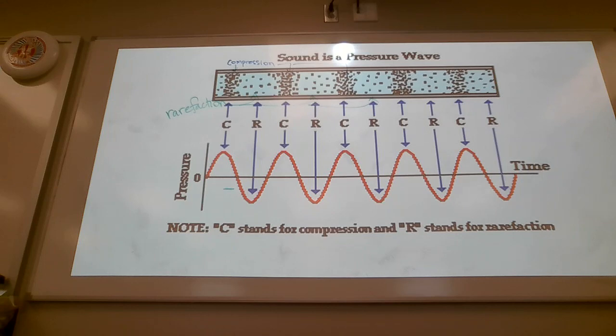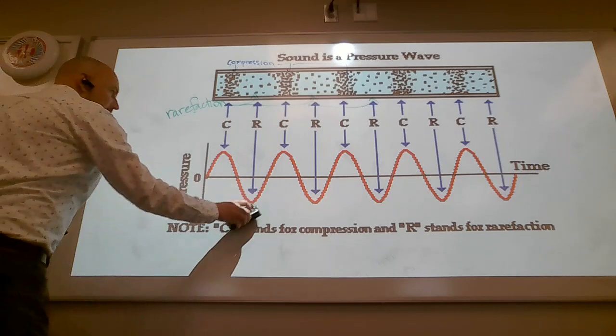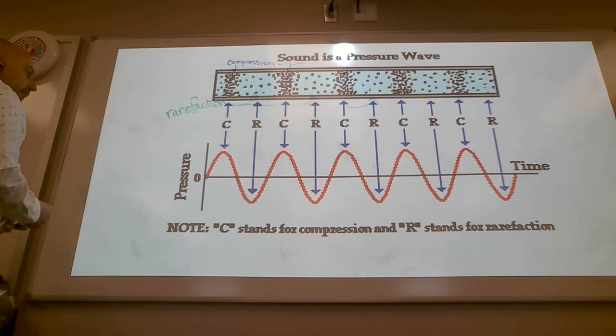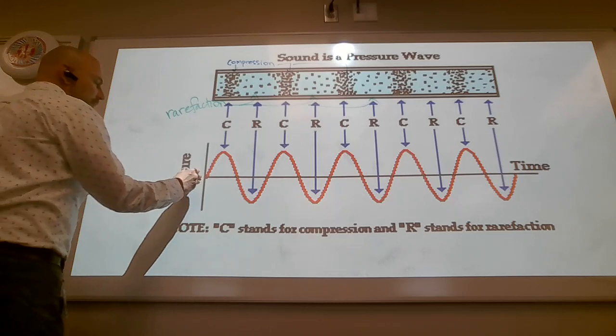To draw a longitudinal wave is kind of a pain. A lot of dots. So often, like a sound wave, which is one example of a longitudinal wave, we will illustrate it like a transverse wave because we're going to graph the pressure.